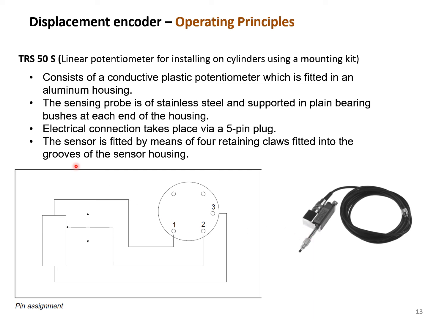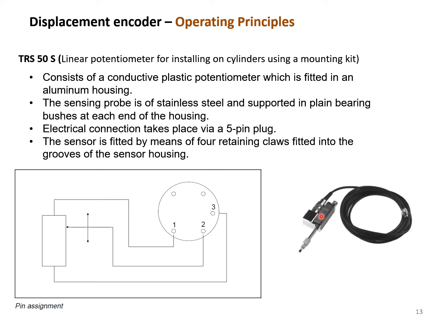So how do they operate and work? It consists of a conductive plastic potentiometer, which is fitted in an aluminum housing. The sensing probe is of stainless steel and supported in plain bearing bushes at each end of the housing.